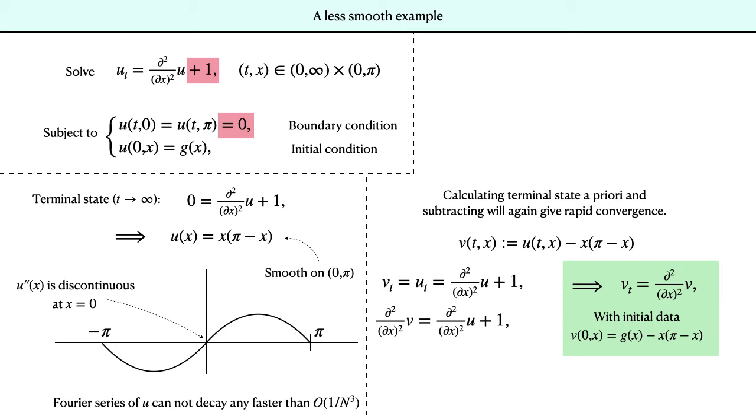So we subtract this terminal state from everything. We subtract it from u, we subtract it from g. But the point is that if we now apply the spectral methods that we did in the first example, but to v, we again get very, very rapid convergence.